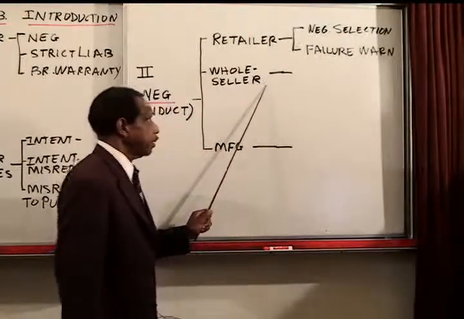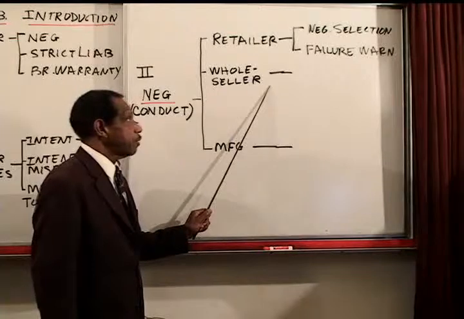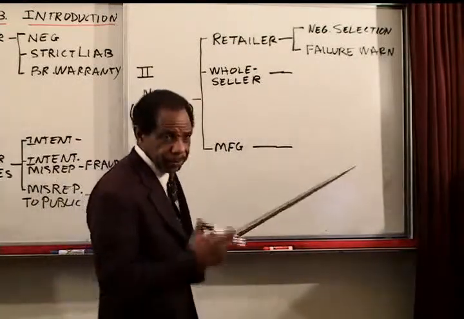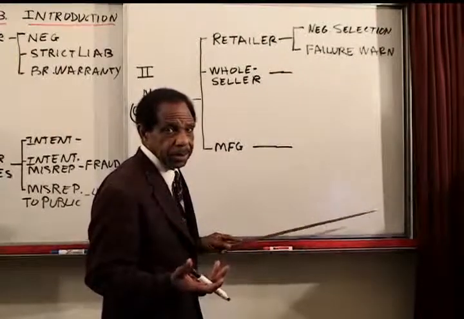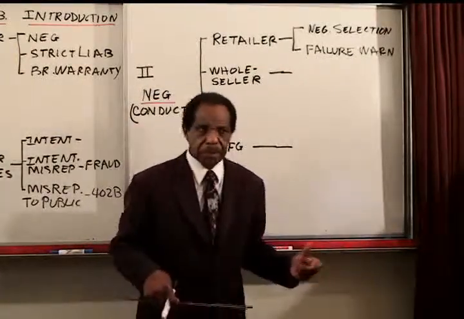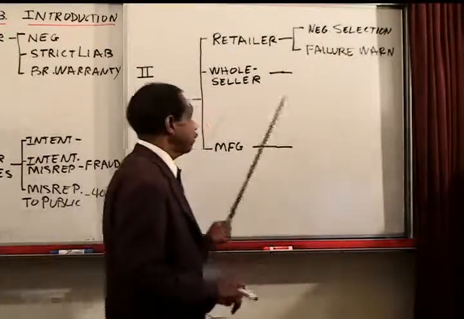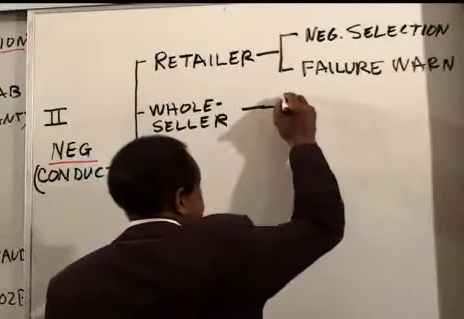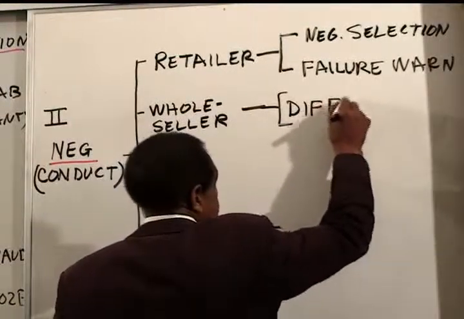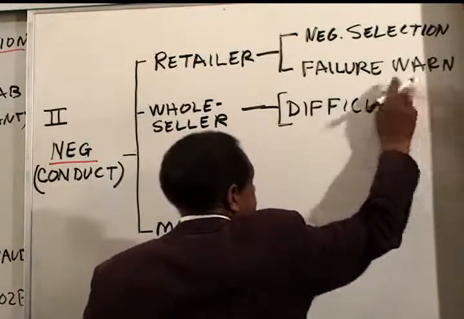The wholesaler, who is also in the commercial chain of distribution, really it's very difficult for the wholesaler to be negligent in a way that affects the consumer in any way. Because usually a wholesaler just buys the goods in bulk and passes them on to the retailer. So it's very difficult for the wholesaler to be negligent.